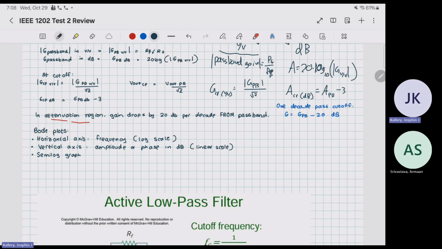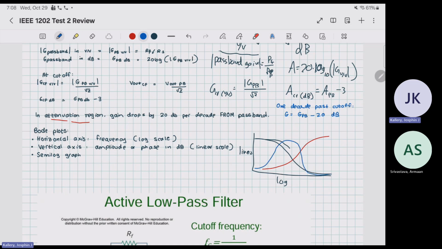Another thing, the attenuation region is basically where the gain starts dropping. You might have seen a Bode plot like this. This scale is log, this is linear, so this whole graph is called a semilog graph. Given a specific filter, we want to know the gain at different frequencies. You might get something like this, or if you have a passband, something like this.